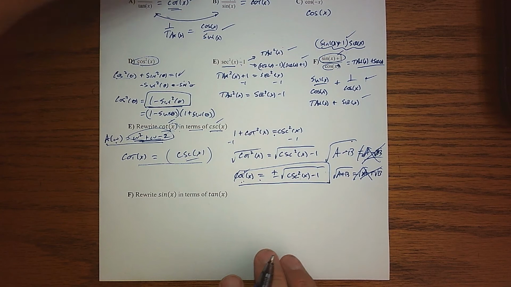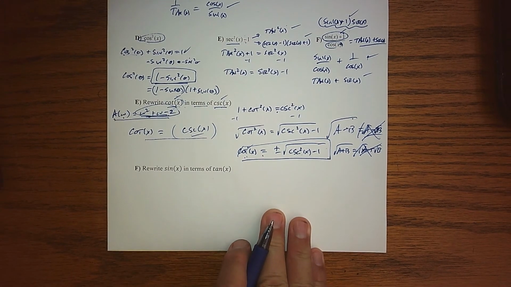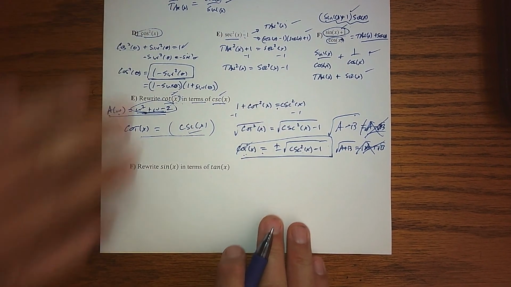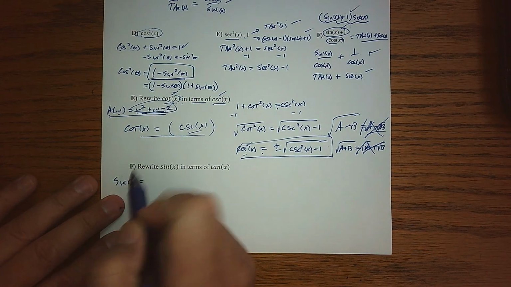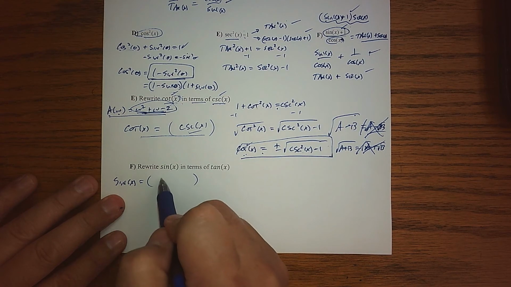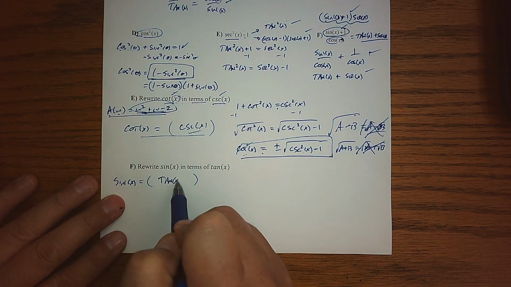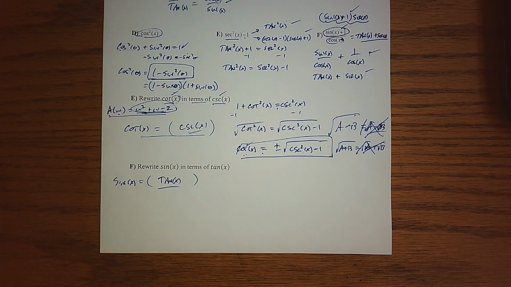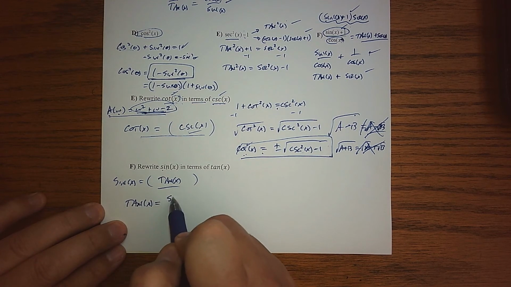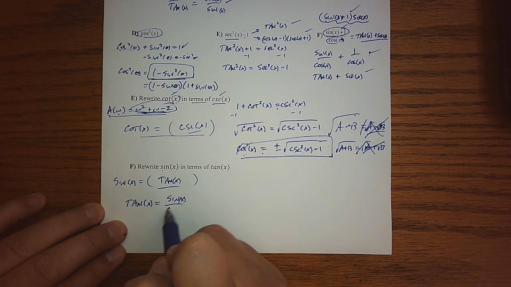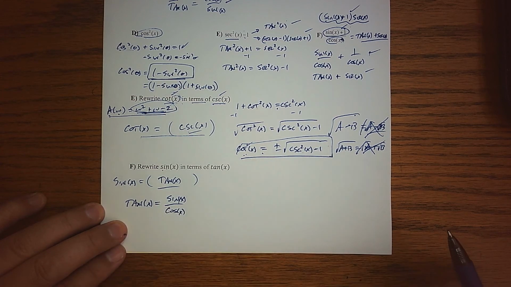Okay, letter F is actually pretty tough. There's a lot going on here, but once we see the pattern, it's not too bad. Again, we're trying to get sine all by itself on one side, and then some expression that has tangent on the other. Unfortunately, there's not a really crisp, clear relationship between sine and tangent. The only one that we have is that tangent of x is sine x over cosine of x.